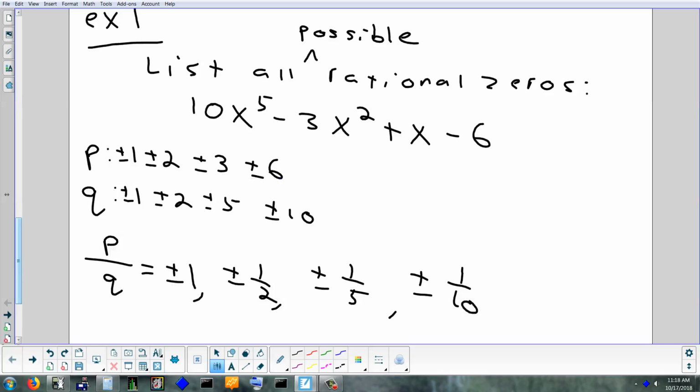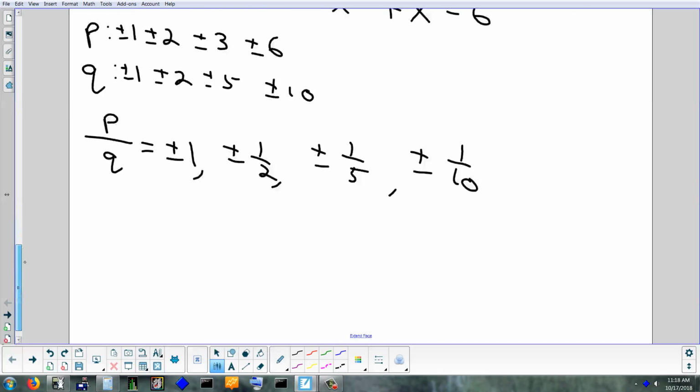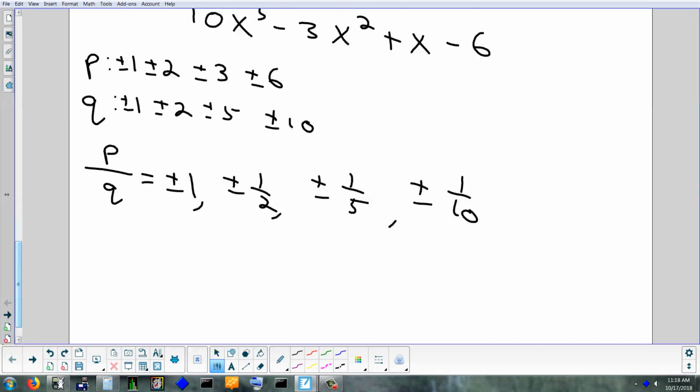Now we're going to do all the possibilities you could have with a 2 for p. And we might get some repeats. Okay, we will get some repeats. So what would be the first one starting with 2 for p? It would be plus or minus 2 over 1. What would the next one be?